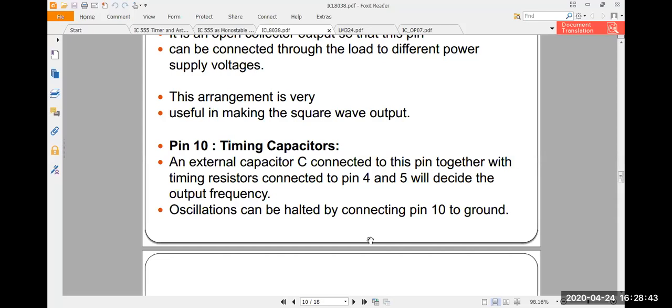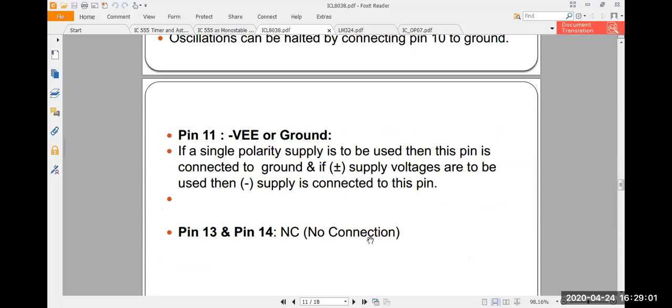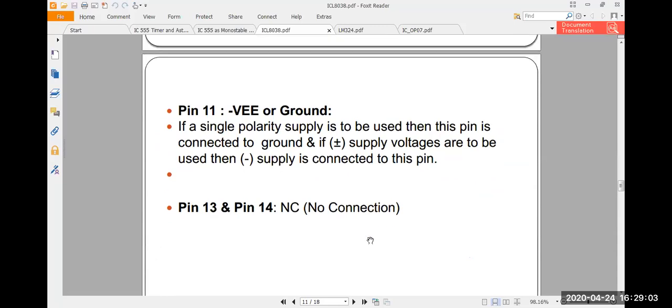Now, if there are any oscillations in the output, those can be halted by connecting pin number 10 to ground. That means the timing capacitor can be bypassed. If pin number 10 is connected to ground, then the oscillations in the output can be avoided. Pin number 11 is minus VEE or ground.